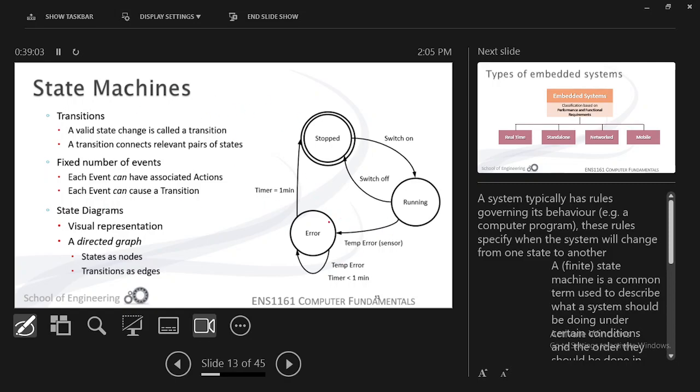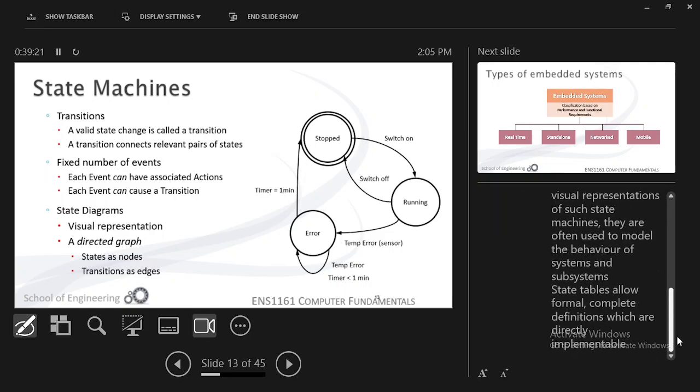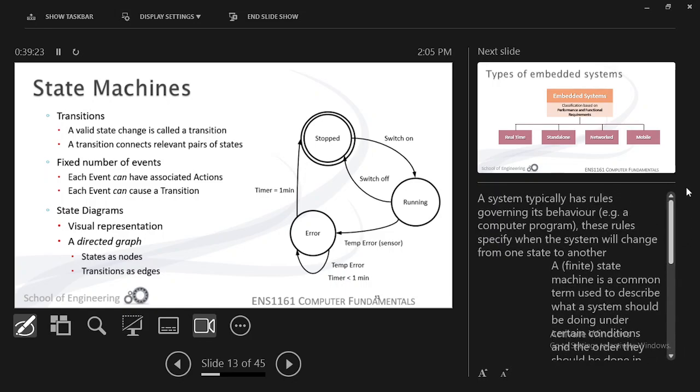So that's the whole story. Now, a system typically has rules governing its behavior. These rules can specify how the system changes from one state to another. So this is the whole story you need to understand in this context. Any questions? All good?